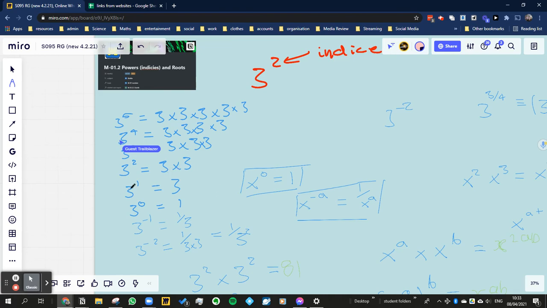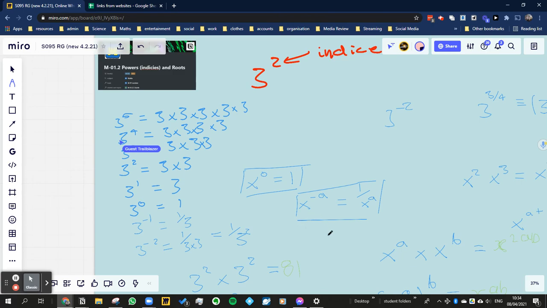So let's go down. 3 to the power of 0 is equal to 1. We explained why that was the case. 3 to the power of negative 1 would be 1 over 3. 3 to the power of minus 2 would be 1 over 3 squared. Anything to the power of 0 is always equal to 1. Anything to the power of minus something is equal to 1 over x to the power of a in that case.